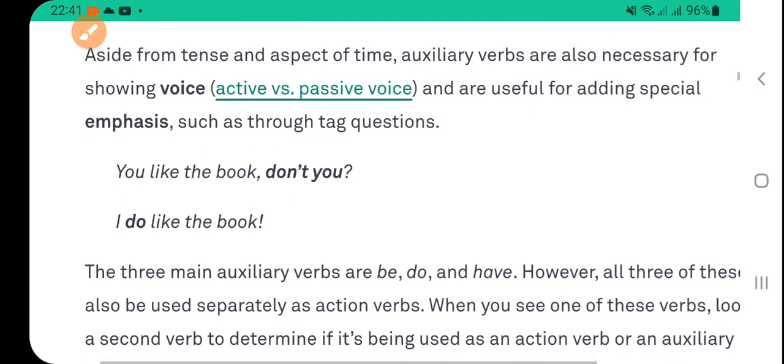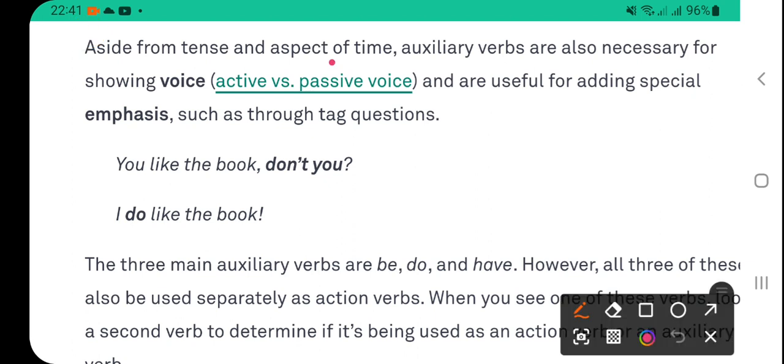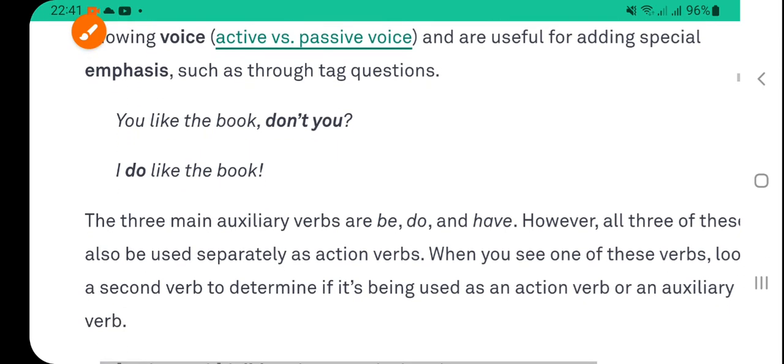Okay, now aside from tense and aspect of time, auxiliary verbs are also necessary for showing voice, right? Auxiliary verbs are used for time and then voice, active versus passive voice, and are useful for adding special emphasis such as a question tag.